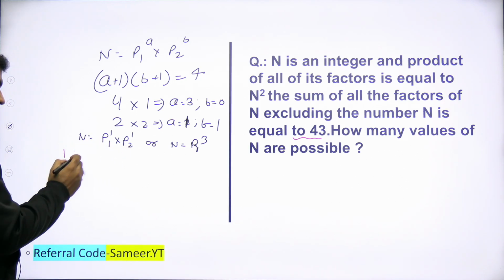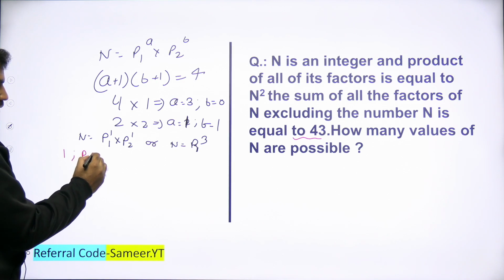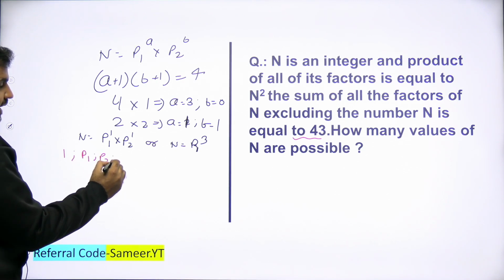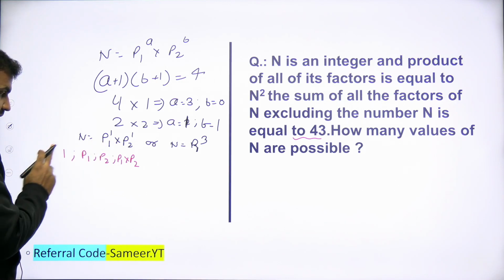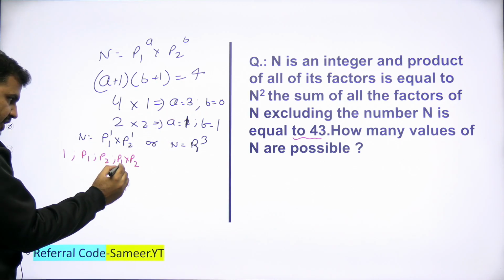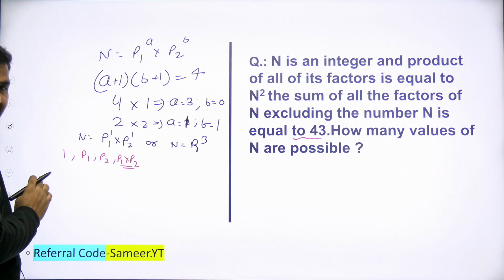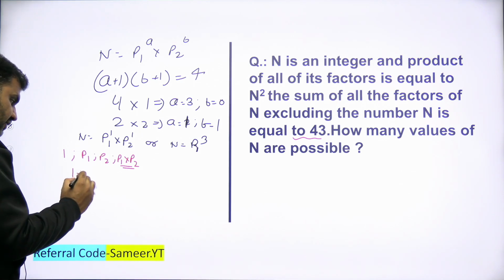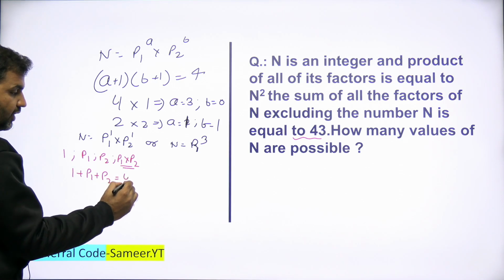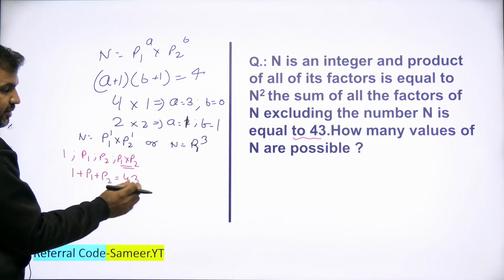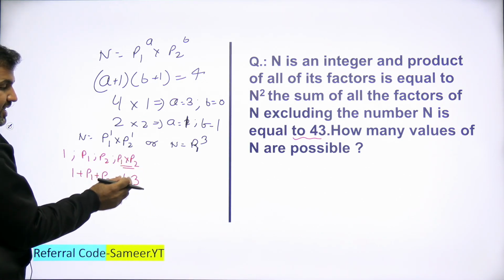What are those 4 factors? It would be 1, p1, p2 and p1 multiplied by p2 in this particular case. Now p1 into p2 will be equal to the number n itself. The summation of all the factors excluding the number is equal to 43. So 1 plus p1 plus p2 will be 43. Why is p1 into p2 not considered here?